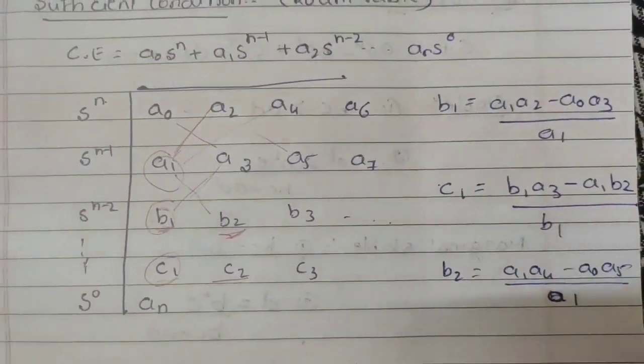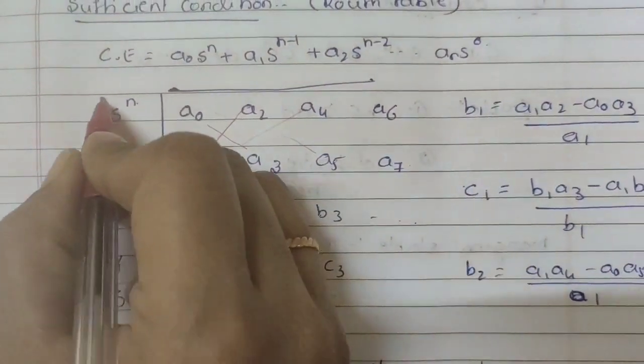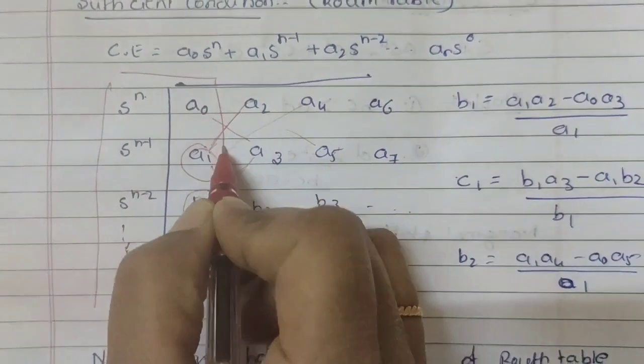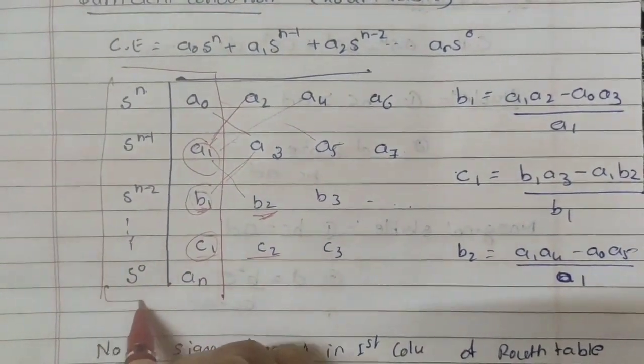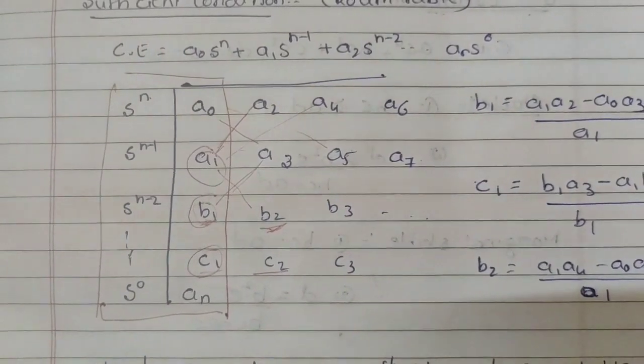The main concept is that in the first column of the Routh table, we have to see whether there are any sign changes.